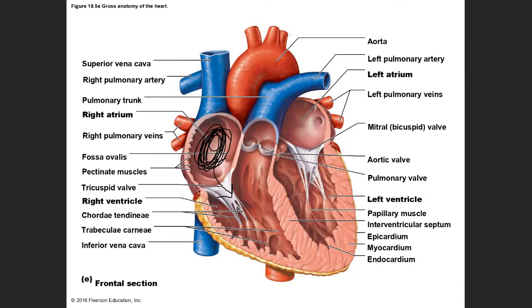Open one way. Go down and start filling the right ventricle. As the pressure increases in the right ventricle due to the filling of the blood, it will shut the tricuspid valve closed.